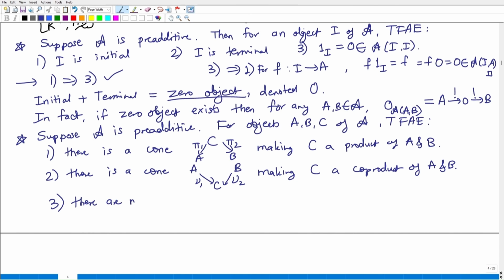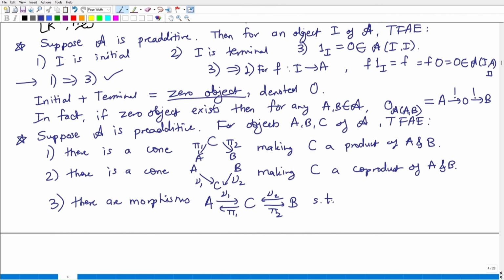And finally, there are morphisms. Now consider these morphisms. So A, C, B. I will write both of them. This is nu 1, this is pi 1. Then this is nu 2, this is pi 2.